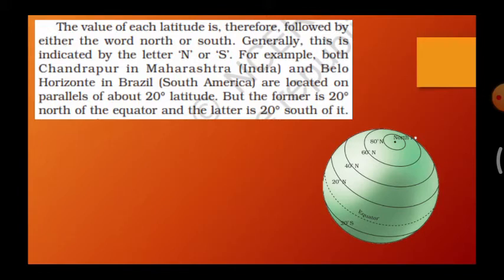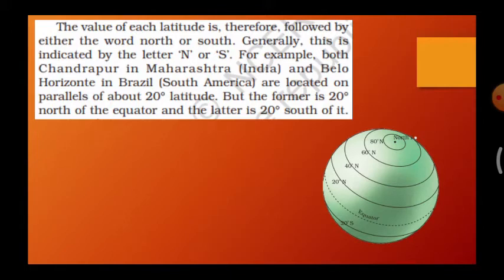For example, both Chandrapur in Maharashtra, India, and Belo Horizonte in Brazil, South America, are located on parallels of about 20 degree latitude.